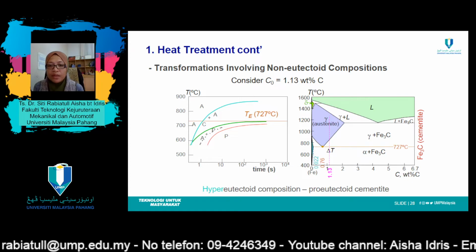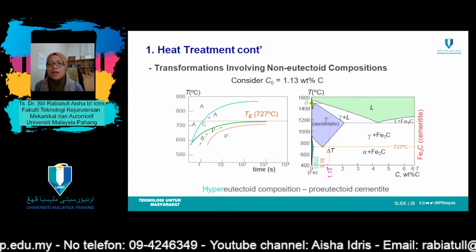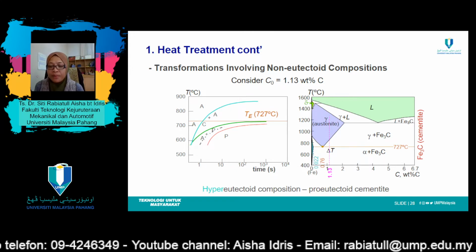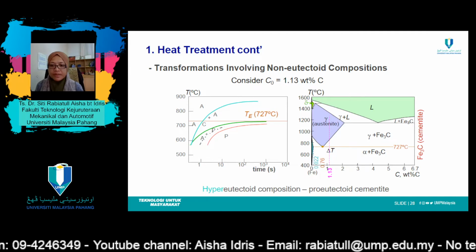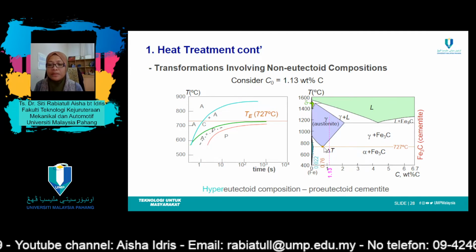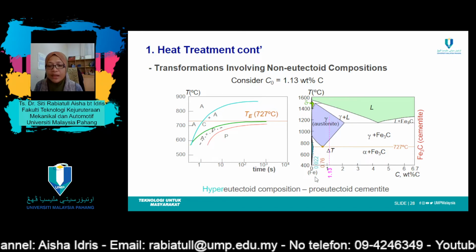Okay, now let's look at the transformation involving non-eutectoid composition. If you still remember just now, the eutectoid point is where the composition of carbon equals 0.76%.